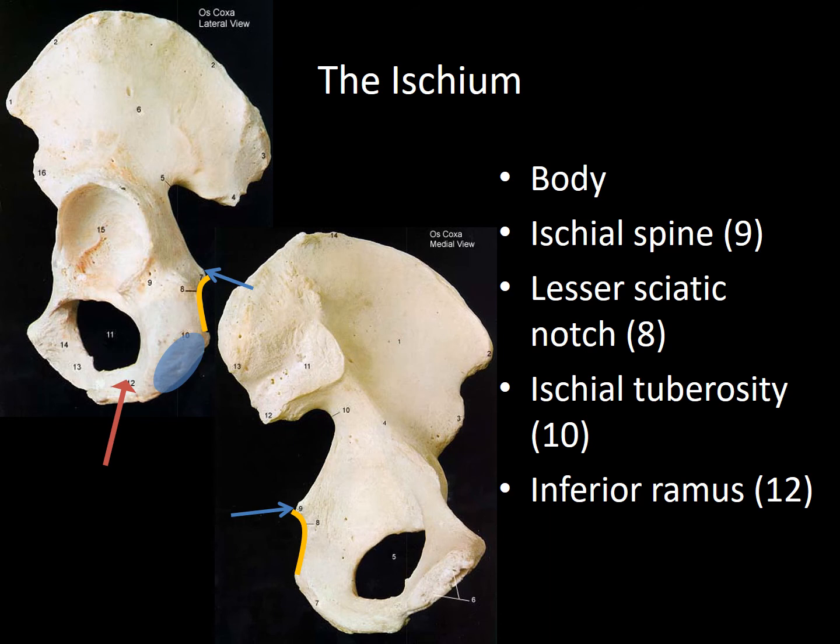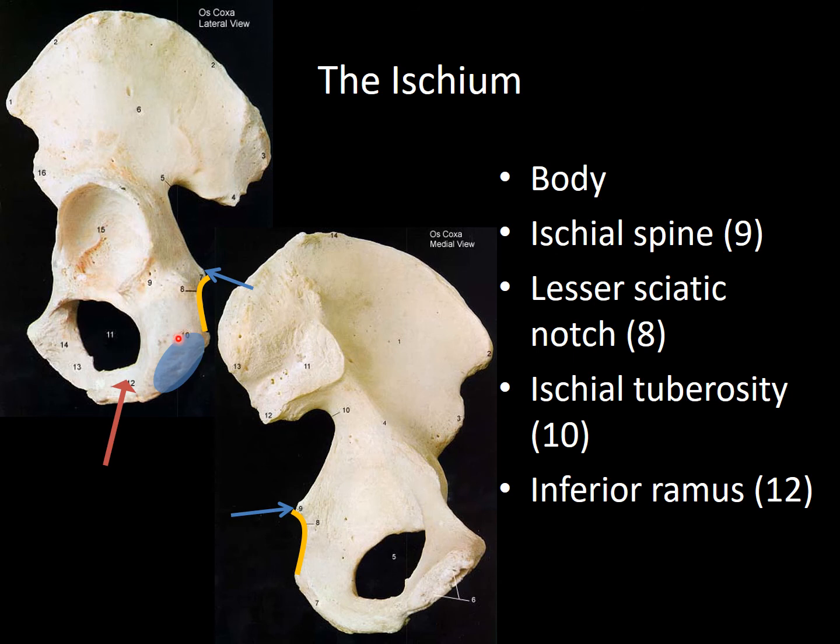So we've seen a ramus on the mandible. We've seen, where else have we seen a ramus? I can't think of another one right now, but we see this ramus, and then we're gonna see another one pretty soon. And I really do think of it as this kind of long reaching arm or reaching bridge. So this inferior ramus is beneath, it's bridging from the ischial tuberosity to this anterior feature, this anterior bone over here that we'll talk about a little bit later.